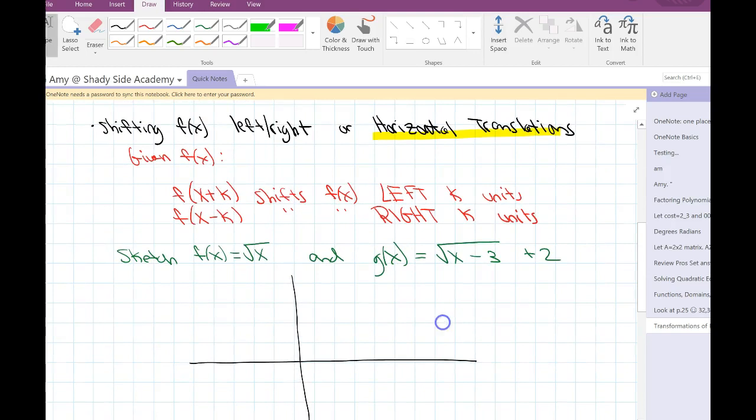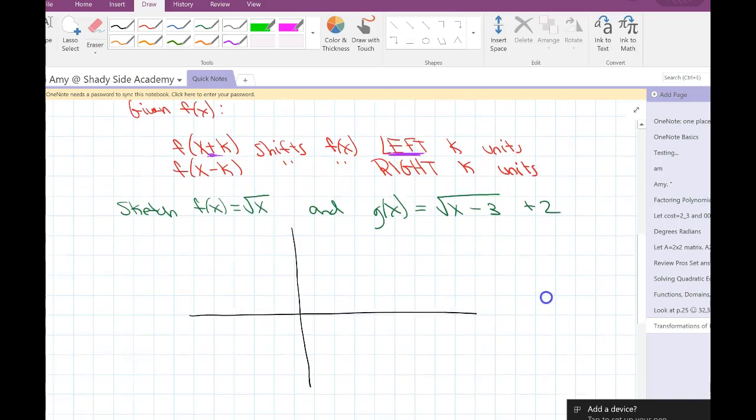So you saw last year that f of x plus k shifts the function left, and yes, people often forget that with horizontal shifts, it's kind of like the opposite of what you'd think, and I know that you talked about why that was the case last year. If you don't know why that's the case, I can tell you why when I see you, but just let me know, all right? And f of x minus k shifts the function right k units.